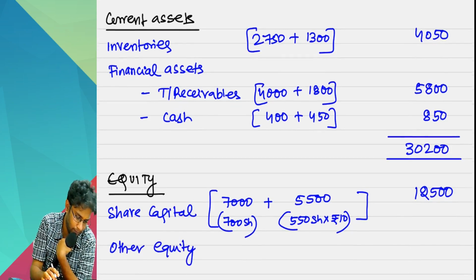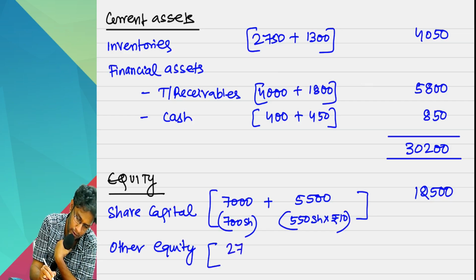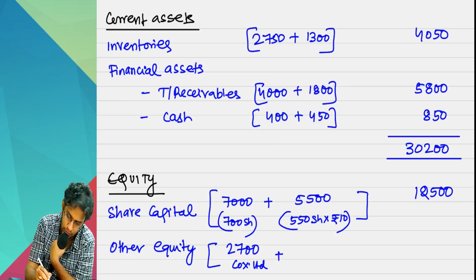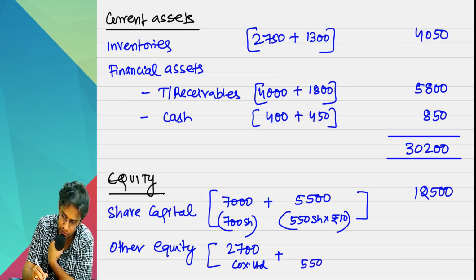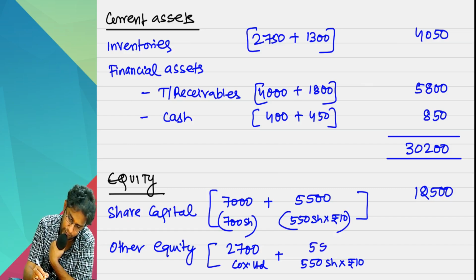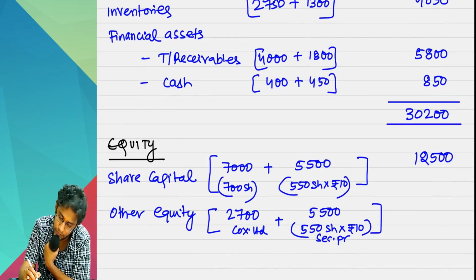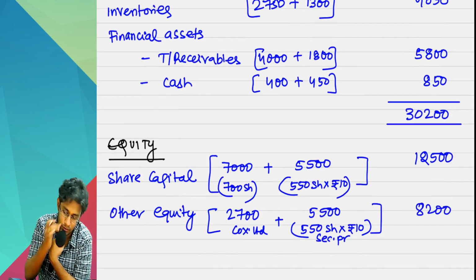Other equity: 2,700, whatever Cox Limited has, plus 550 shares into securities premium, 8,200.